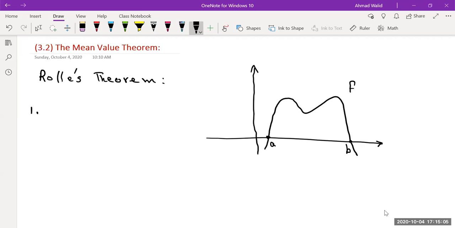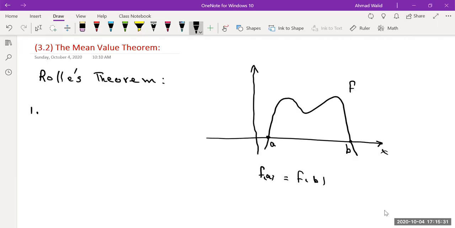And also the important point, f of A equals f of B. That's why some professors bring this example, that if your function intersects the x-axis, correct? It doesn't matter if you intersect the x-axis as long as f of A is equal to f of B.